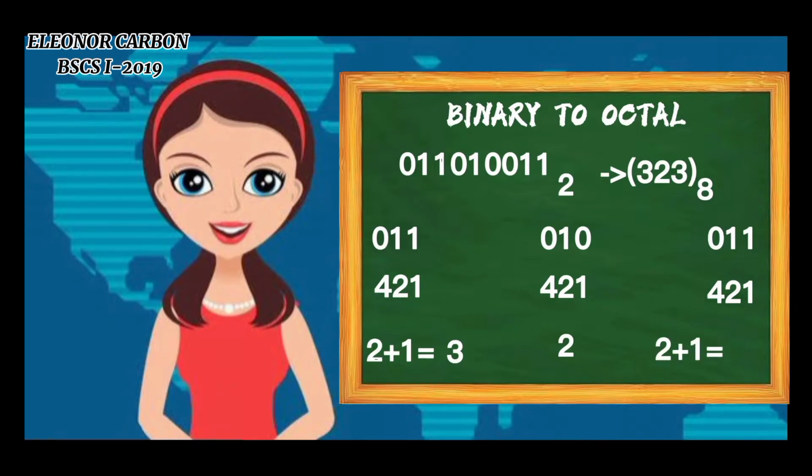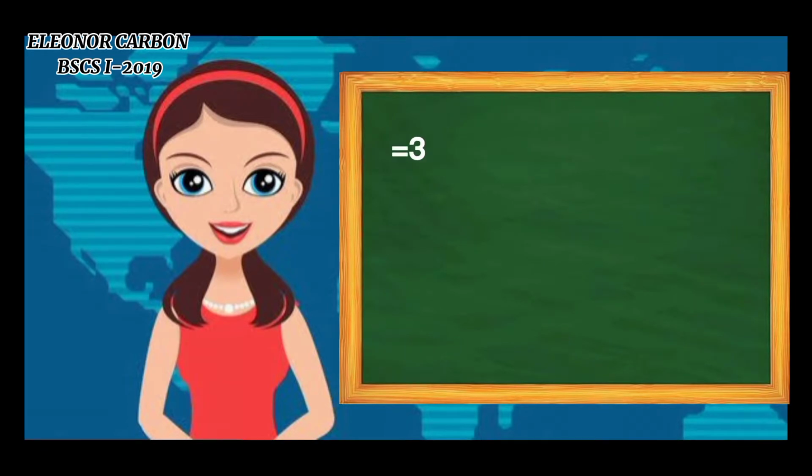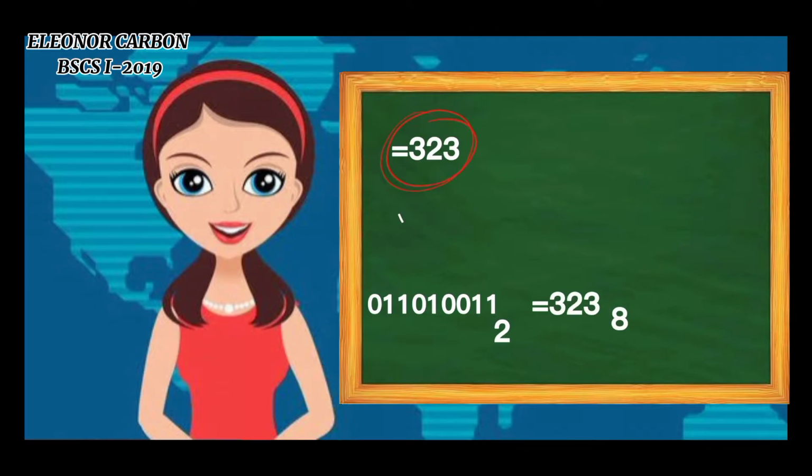So, next naman is, let's add them. 2 plus 1 is equals to 3. So, our answer is equals to 223. So, our binary is 0, 1, 1, 0, 1, 0, 0, 1, 1, base 2 is equals to octal 223 base 8.